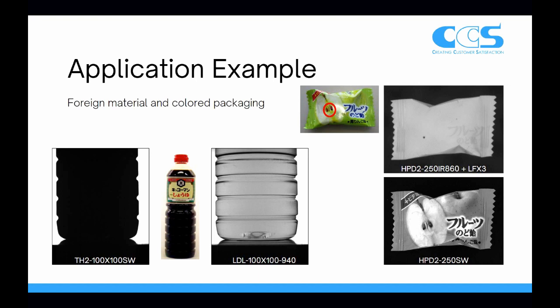So our camera doesn't see that dark color. However, the foreign material inside is blocking that light, and we can really see the presence or absence of that foreign material. If you wanted to do a fill level inspection on soy sauce, you would not want to use IR light, you'd use white. But if you wanted to make sure there are no contaminants, then you would use IR.